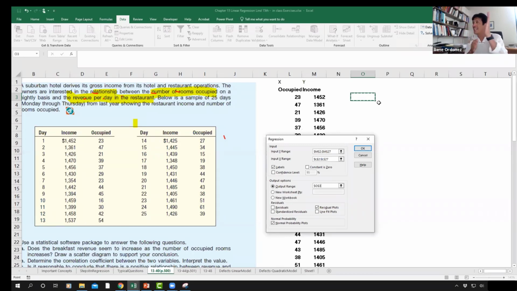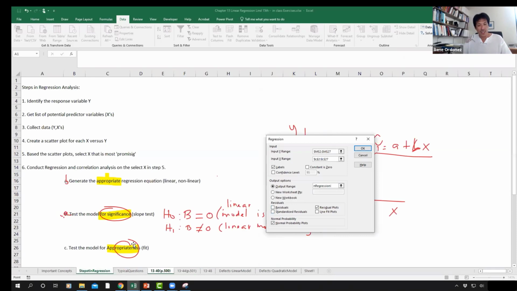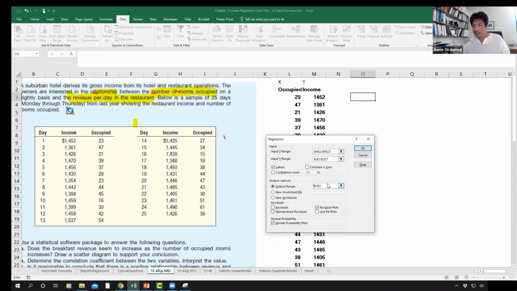Okay, so that will be the upper leftmost corner of the output. And let's include this too, residual plots and normal probability plots, because we will be using this later on when we try to answer the question of appropriateness. Okay. And click OK.